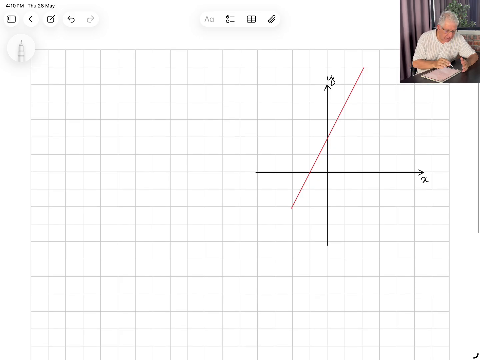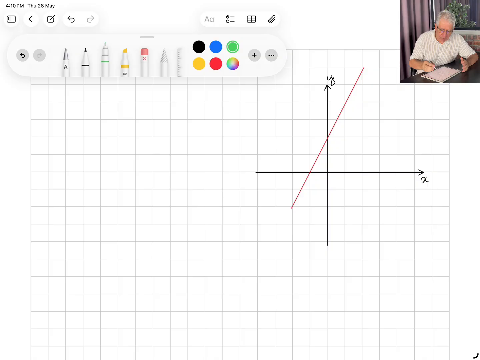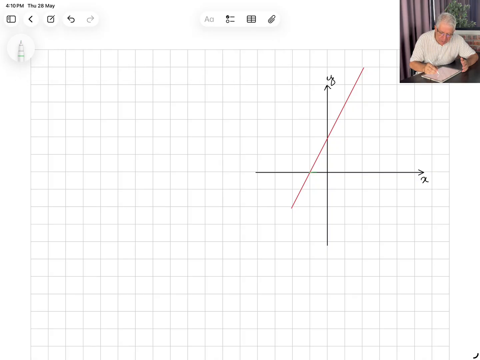If you go ahead 1 unit on the green line, you go 2 units up. It doesn't matter where you do that. You go 1 unit here and you can go up another 2 units. So the gradient of this line is 2. That means whenever you go 1 unit ahead, you go 2 units up.